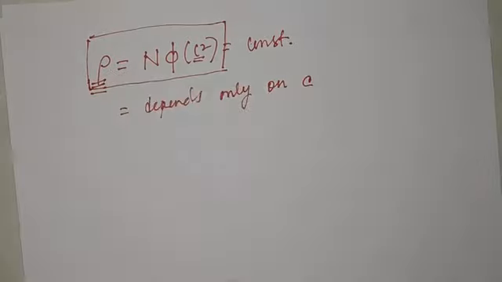Rho is the number density. So different numbers of molecules per unit volume are moving with different velocity. Or the other way around, at different values of velocity, you will find that different numbers of molecules per unit volume will be moving with that particular velocity.